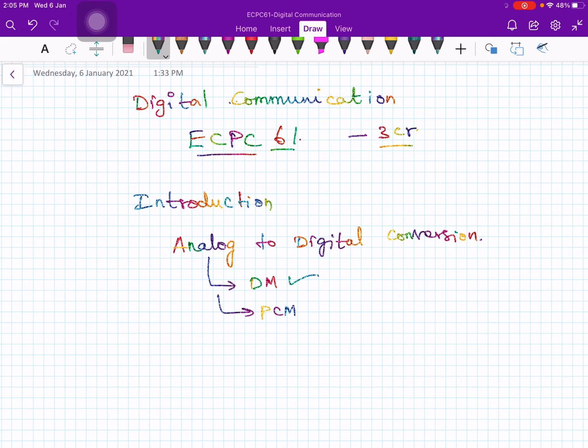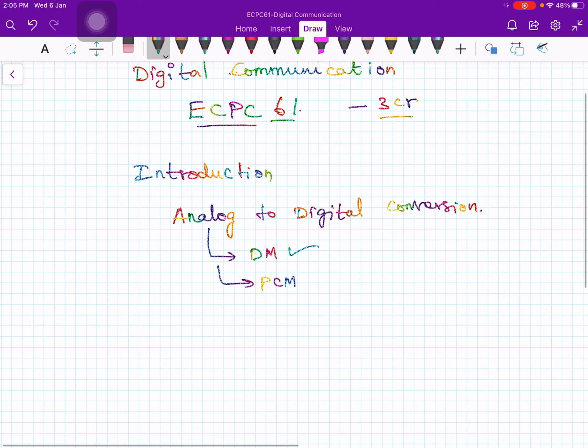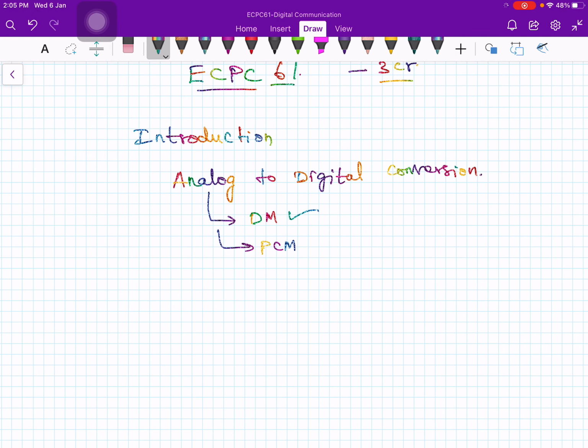After discussing the basic principles of pulse code modulation and delta modulation, we will look into some of the associated problems of transmission of these kinds of signals, particularly some advantages like time division multiplexing, TDM.